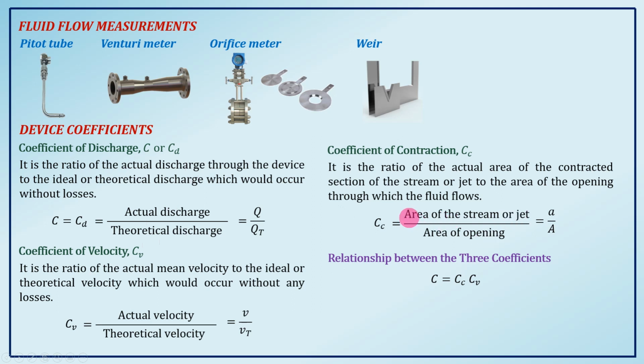Ayan, so madadagdagan later on yung definition natin ng or another type ng kung saan tayo nakakakuha ng area for the orifice, no, actual area for orifice. Ayan. Then, so later na lang, pag nag-discuss na tayo ng orifice, review muna natin to. Then, we have the relationship between these three na coefficients wherein kapag pinag-multiply natin si coefficient of contraction and coefficient of velocity, we have the coefficient of discharge.